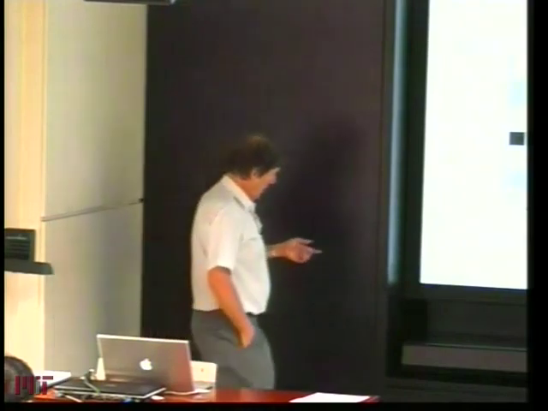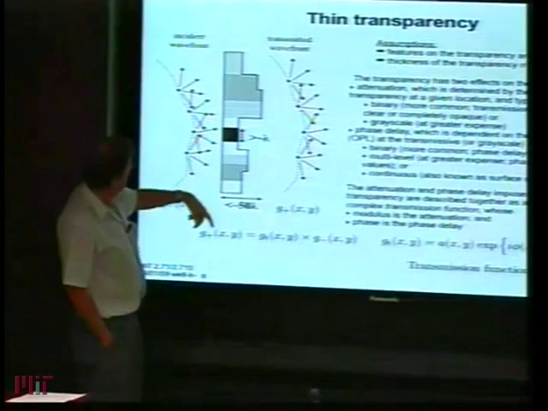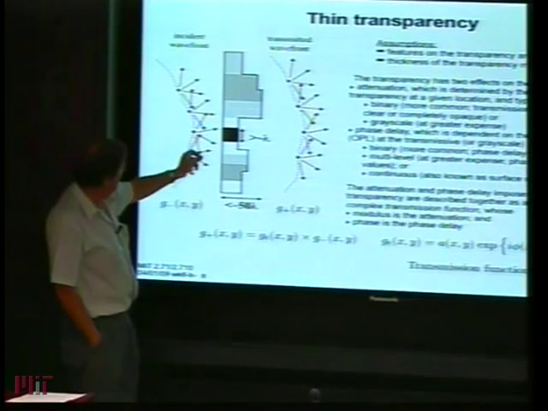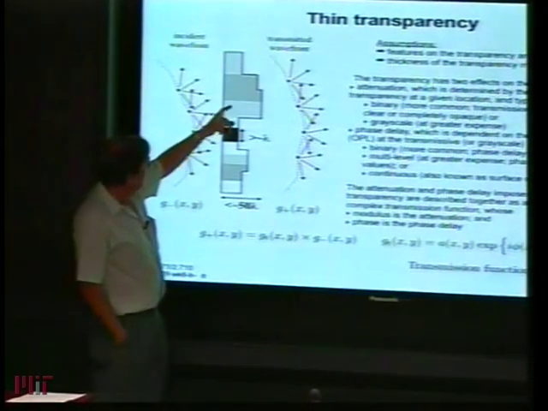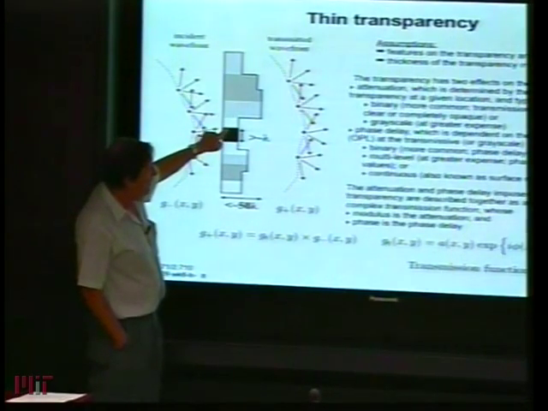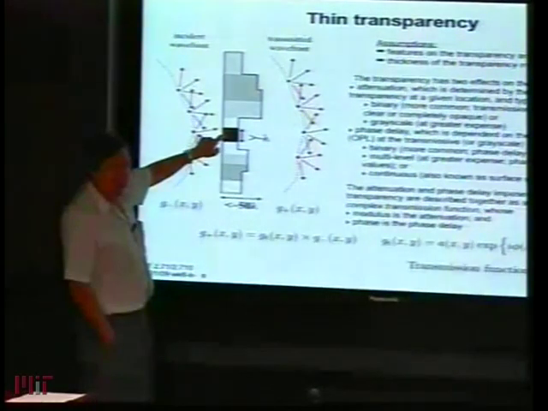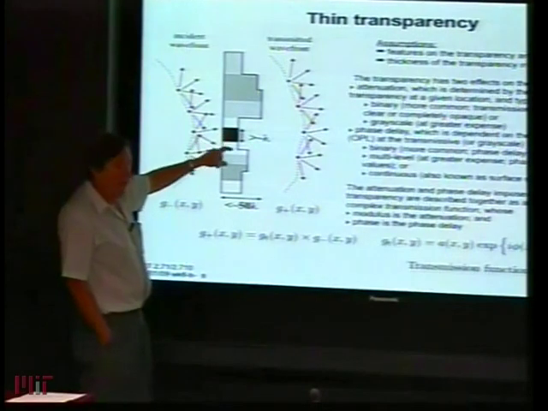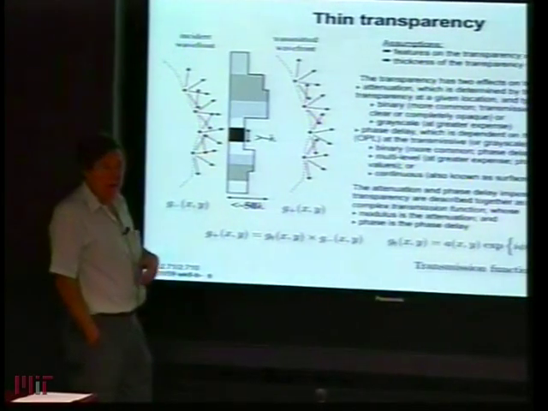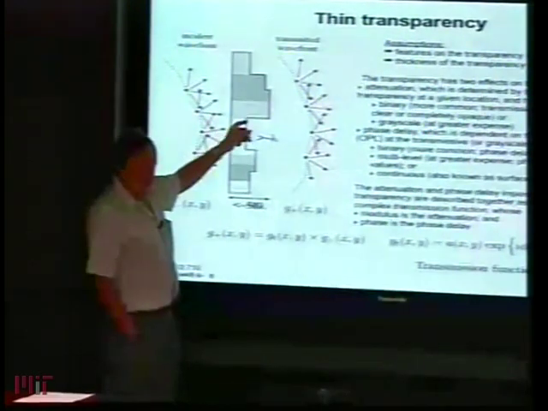So this shows here our transparency. Black means the absorption of the screen. But it might also change the phase. It might have some refractive index as well. And it changes in thickness as well, right?